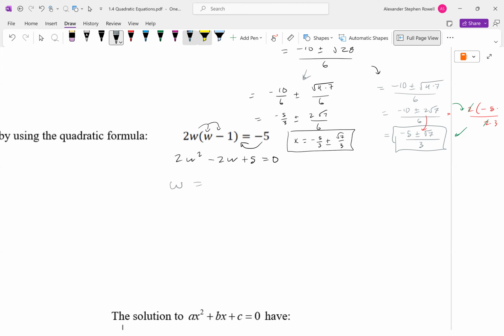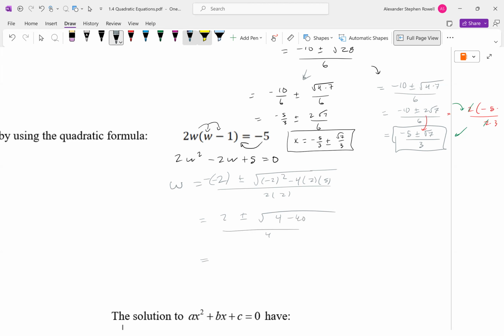In this case, w equals 2 plus or minus the square root of negative 2 squared minus 4 times 2 times 5, all over 2 times 2. So this gives us 2 plus or minus the square root of 4 minus 40.